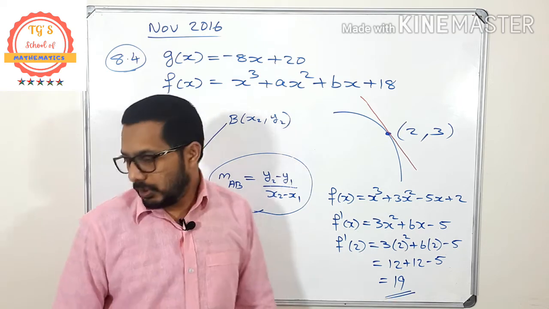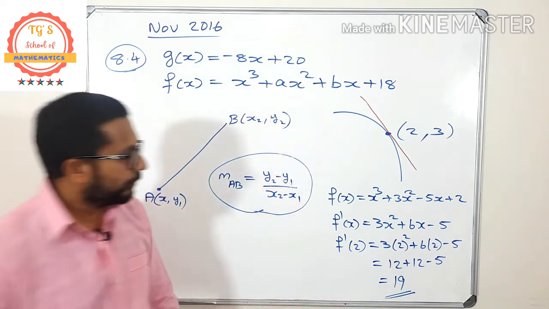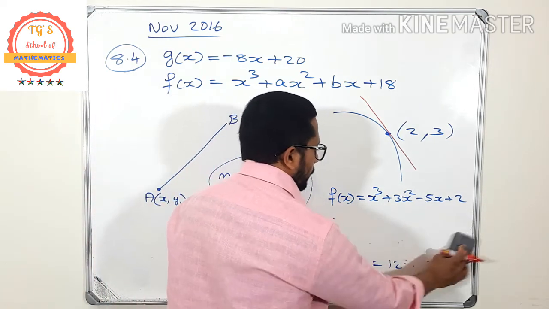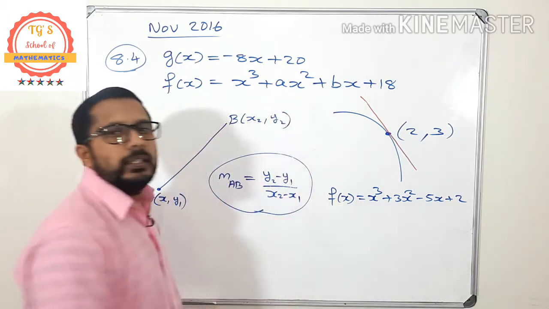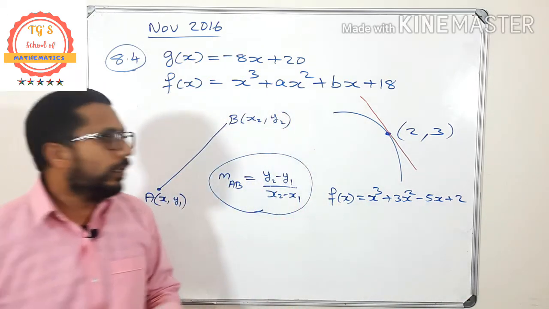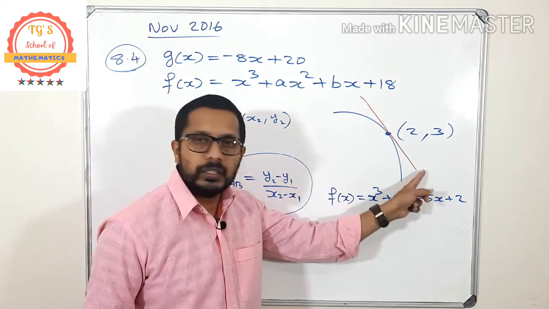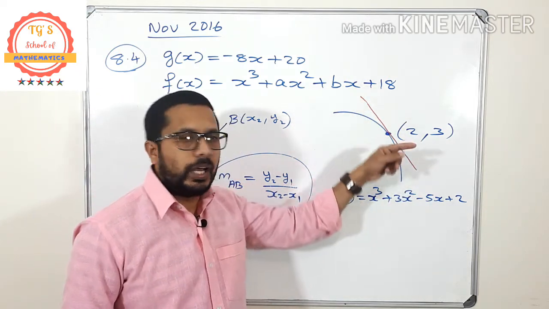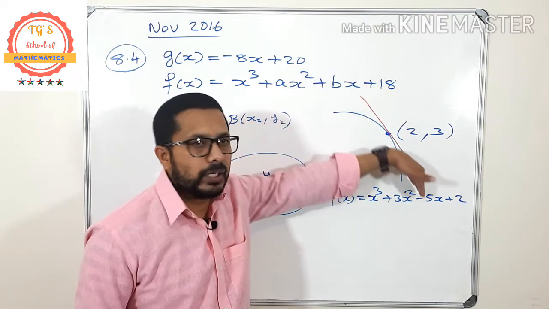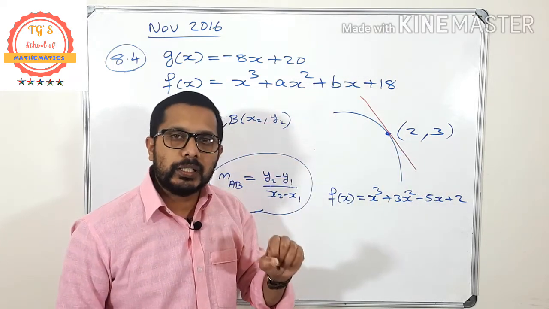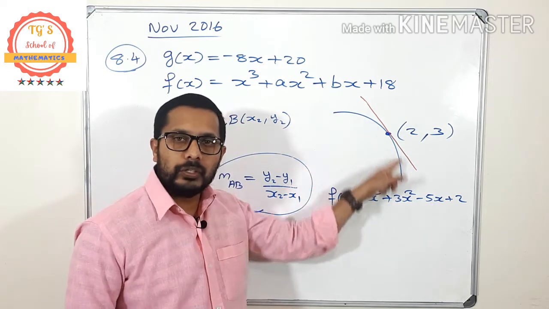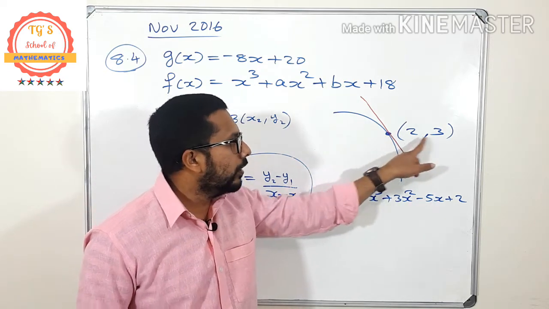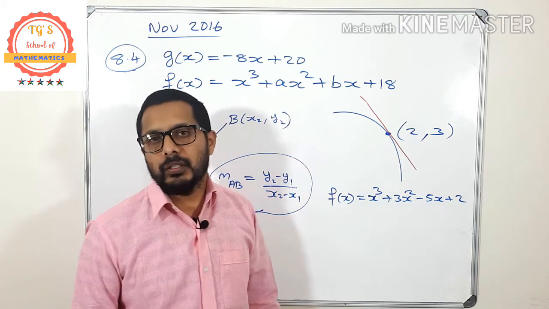So for example, now the question is like this. I want to find the gradient of this tangent, this red line. The only thing that is given is the equation of this curve, and at this point the values of x and y I know.